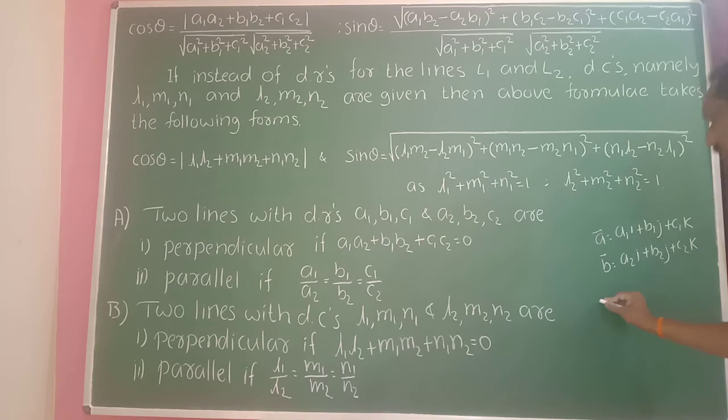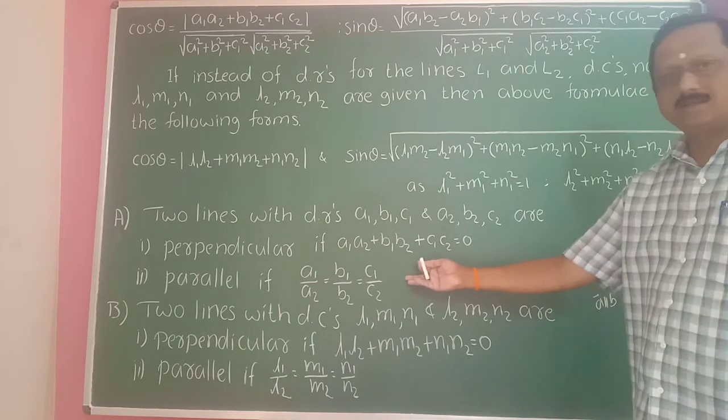So these two are parallel: a bar is parallel to vector b bar if and only if a1/a2 = b1/b2 = c1/c2. You are using that result here.